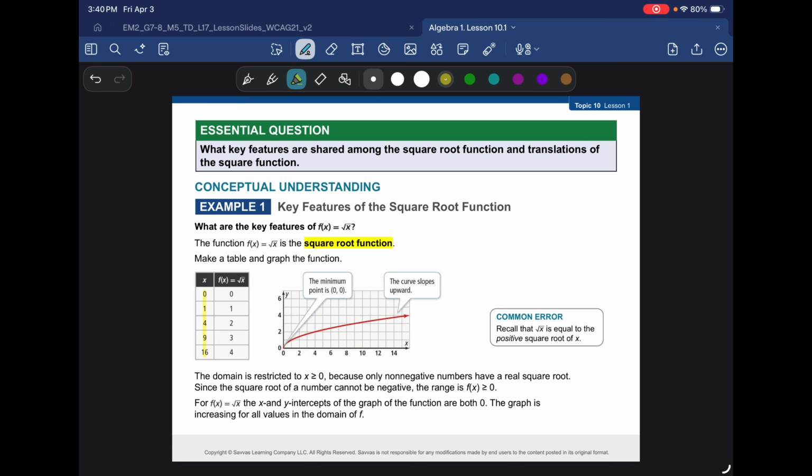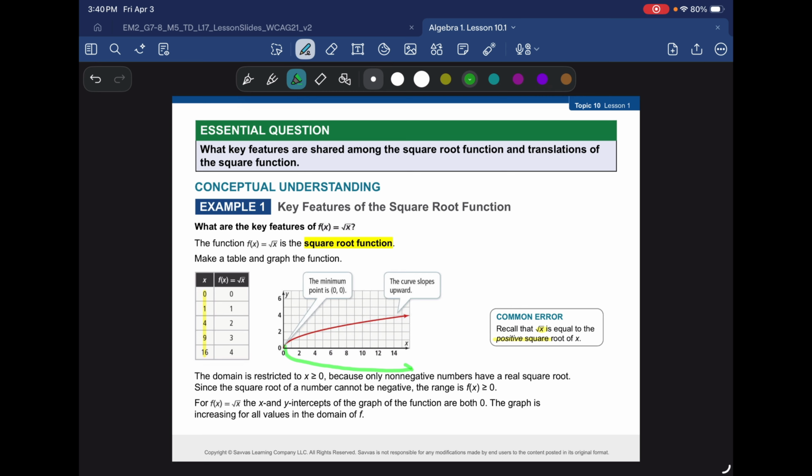And since the square root of a number cannot be negative, we're thinking that the square root of x means the positive square root of x. So since the square root of a number cannot be negative, then the range is also greater than or equal to 0.